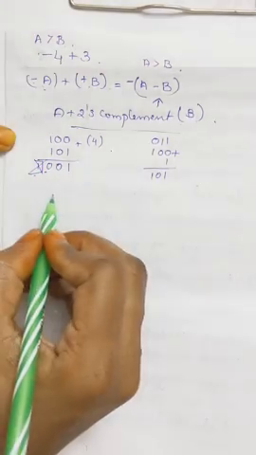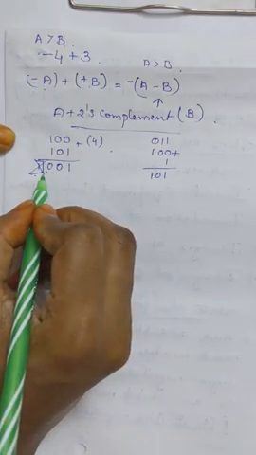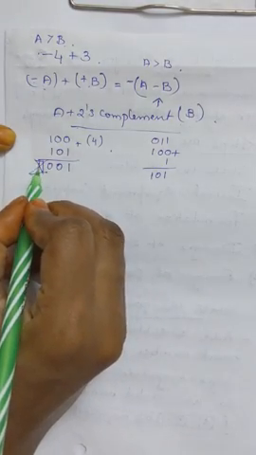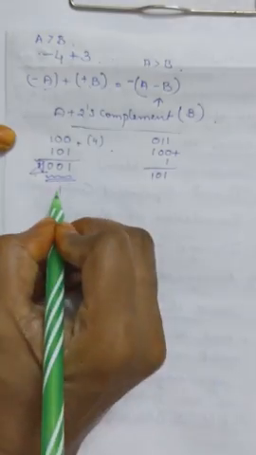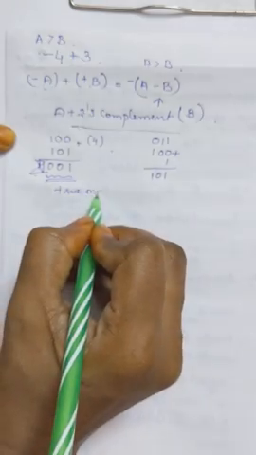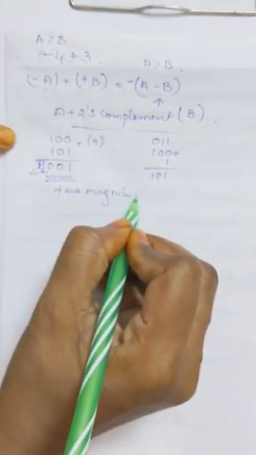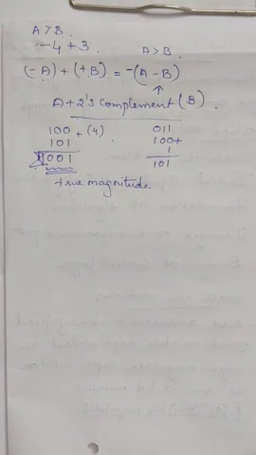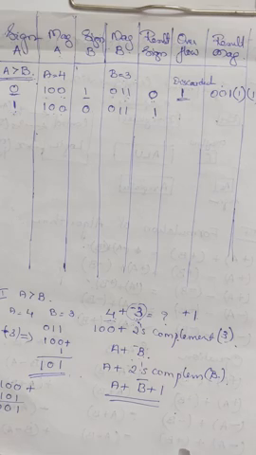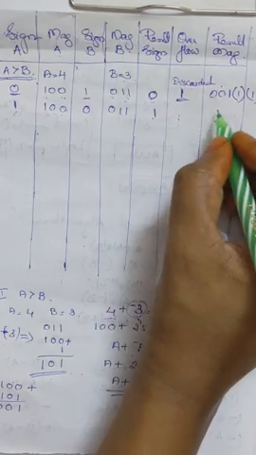One more thing I left out: if an overflow has occurred and it is 1, it means the obtained result is the true magnitude. So filling up the table, what can you write here?